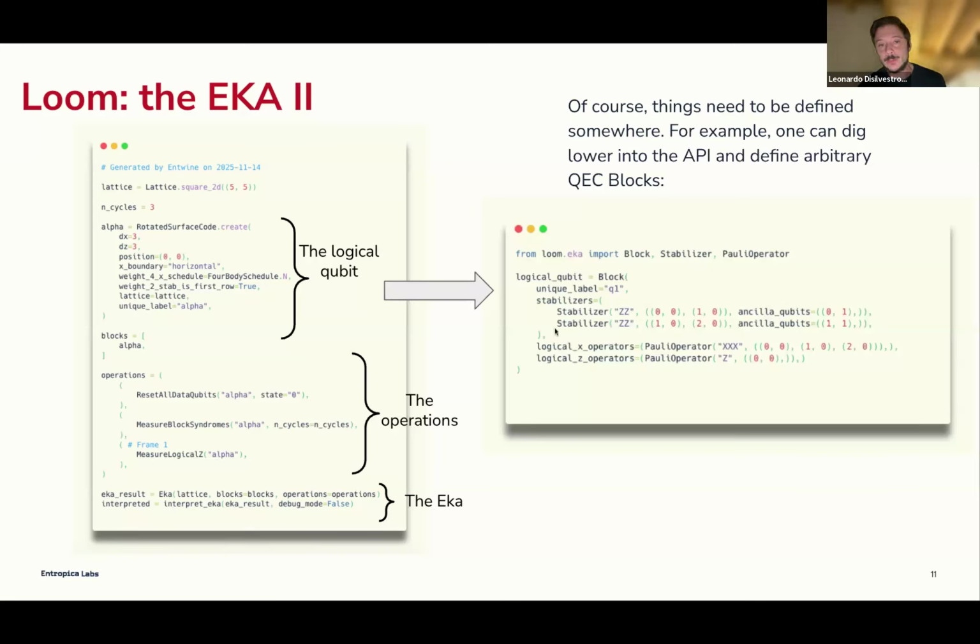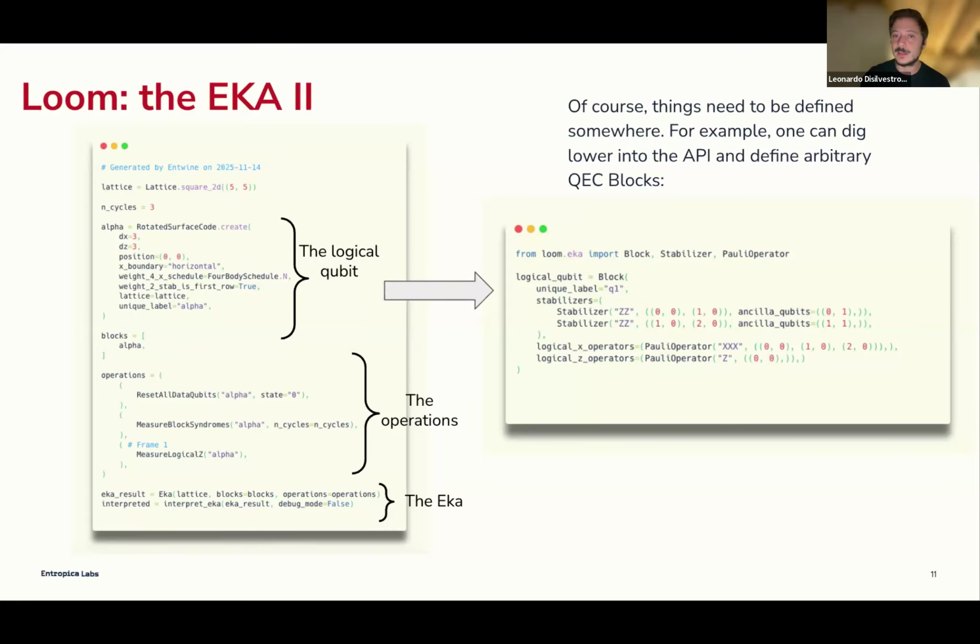Now, the idea of Loom is that you hide all the complexity of this function, the logical qubit create, elsewhere. What you see here is the way that I'm constructing the block in the case of a repetition code. I use the repetition code just because it's less to display, but it can be any code. It will have a label, it will have some names.